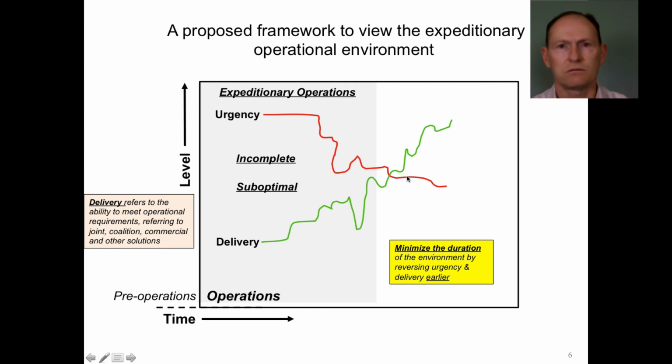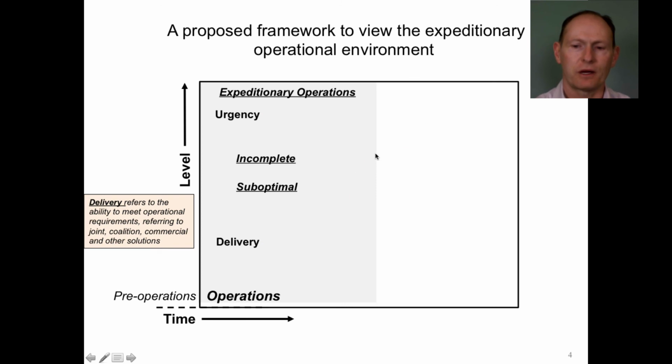And one could propose that this is a potential decisive point of the operation at which these two do reverse, and that this period out here, while still urgent and still delivery is challenged, is a different environment than this one here in the gray. But the gray is defined by those two things.